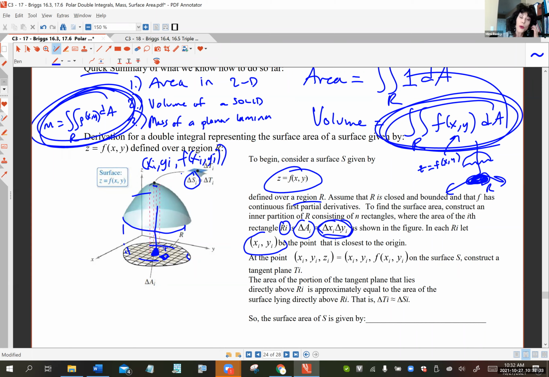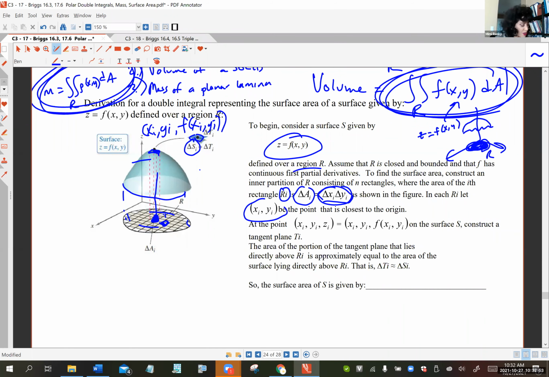Forget it. So here is the claim that you need to buy in order to accept this. The little curvy patch, if I pick a small enough patch, has a very close, almost equivalent area as the little itty bitty tangent plane portion that we'll pick. So that's what you need to buy: that delta T sub I, the area of that little tangent plane, is approximately, that's why they have the melted equal signs there, equal to your actual surface area of that little patch.